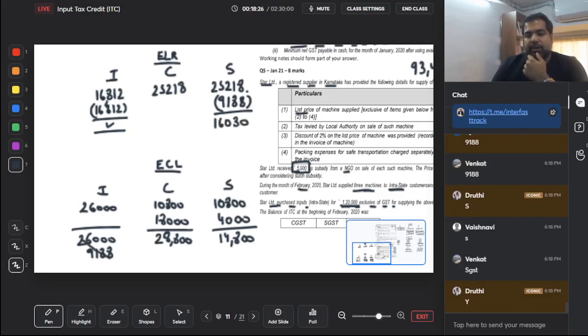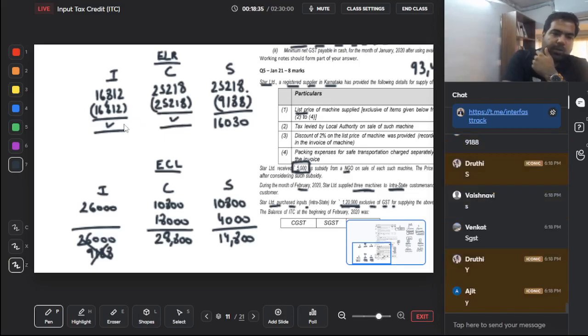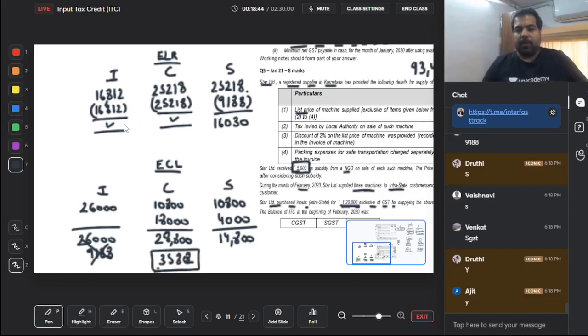Is this exhausted? Yes. Now 28,800, 25,218. Is this full? Yes, this is full. So 28,800 minus 25,218 is 3,582. This we'll have to carry forward. And this is 14,800.